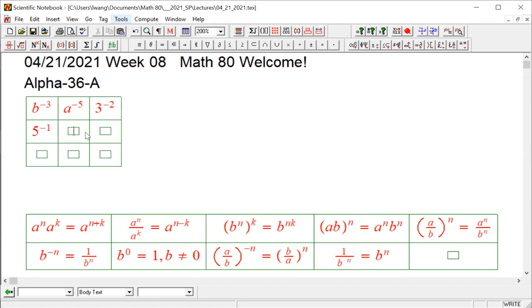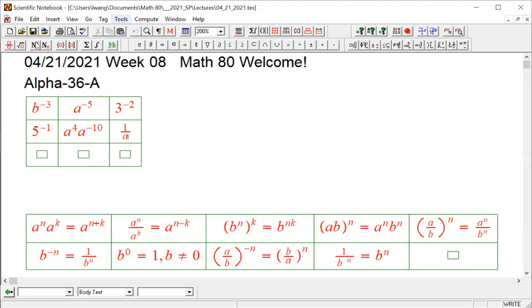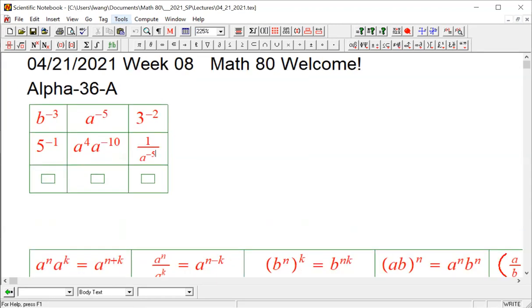Okay, so a to the power 4 multiply a to the power of negative 10. And this one is 1 over a to the power negative 5. Okay, we have 3 rows we're going to work on. Let me make the fonts a little bit larger so you can see all the negative signs.